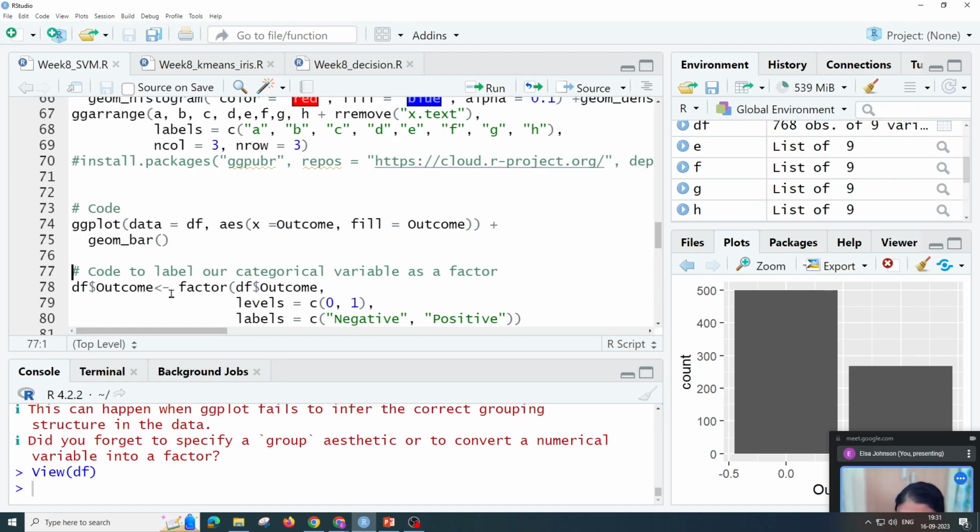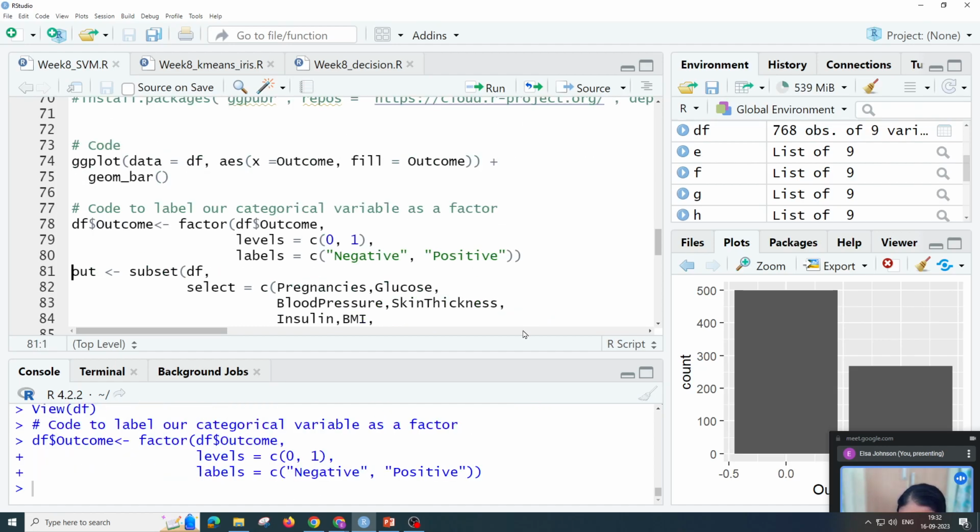Here it was not taken automatically as a factor, or as different categories. So what you have to do is factor the outcome column. The levels are 0 and 1, and 0 is negative, meaning the absence of diabetes, and positive means the presence of diabetes.